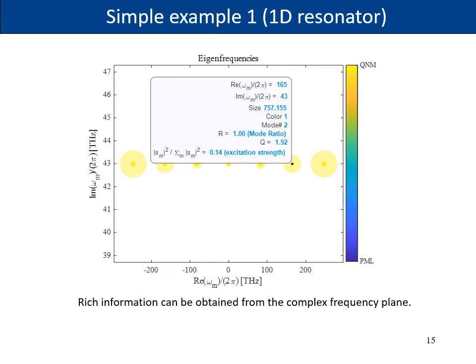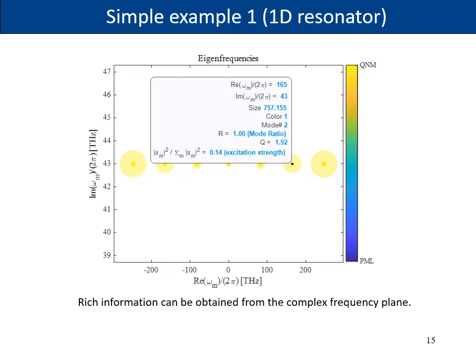Besides that, we also define the mode ratio, which is represented by the color of the mode, varying from yellow to blue. A quasi-normal mode-like mode has a color of yellow, whereas a PML-like mode has a color of blue.